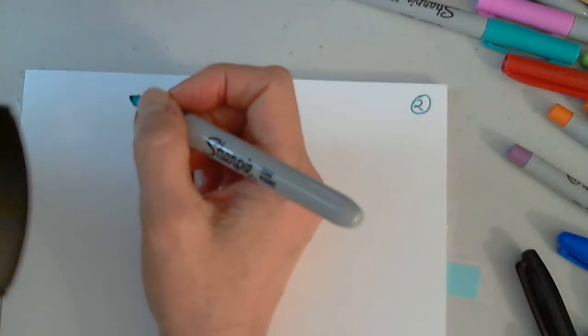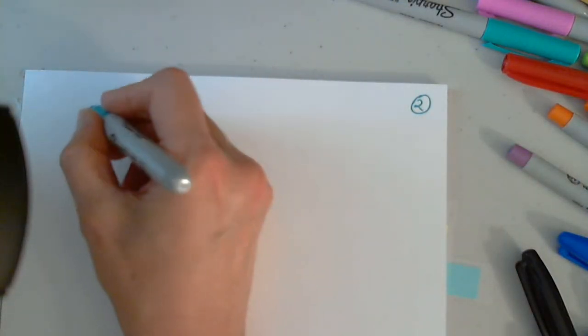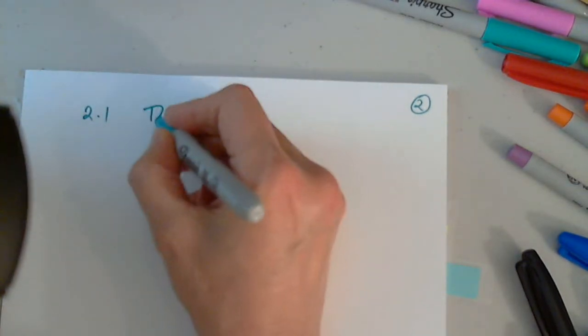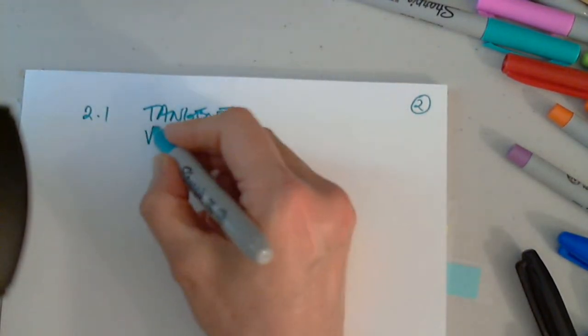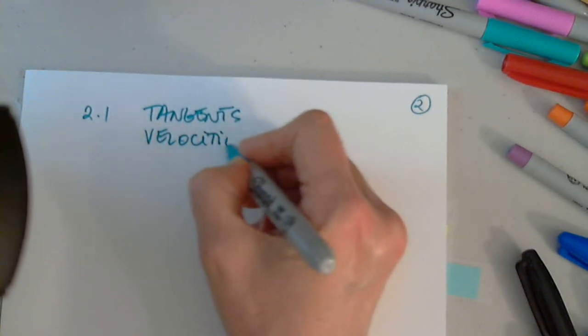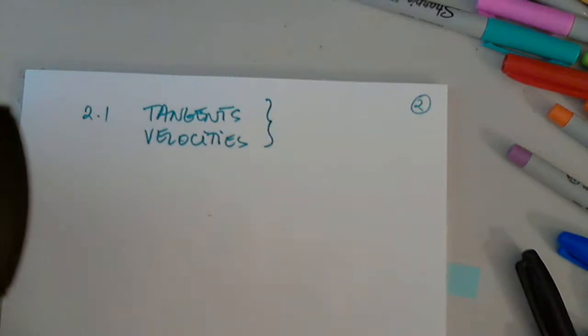It's a big chapter. So the first section that we are going to look at deals with basically the tangent and velocity problem. So 2.1, tangents and velocities. They are determined in the same way. That's why they are together.